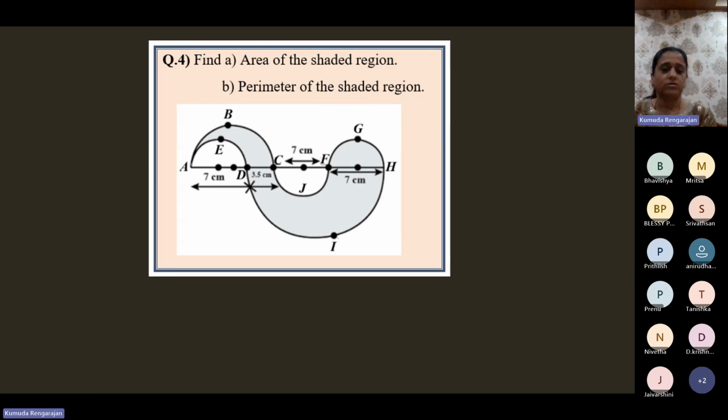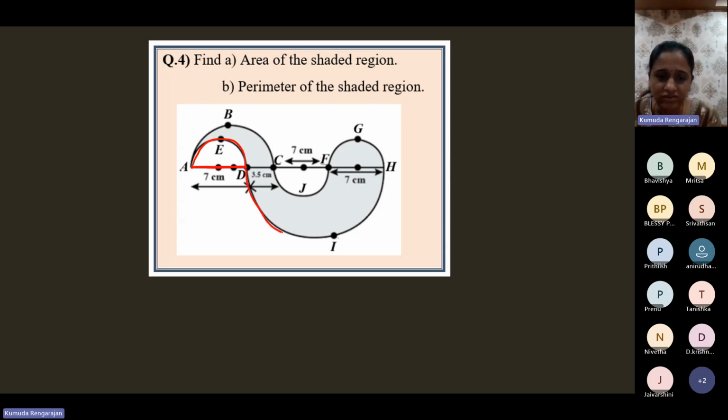So the length of this arc is pi r. What is r? It's 7 by 2, because from here to here is 7.